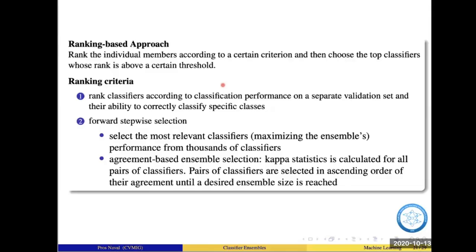No? So we want diversity, and to measure that, you look at agreement of the different classifiers. So there's agreement-based ensemble selection, which uses what's called kappa statistics. So the pairs of classifiers are selected in ascending order of agreement until a desired number of ensemble classifiers is reached.